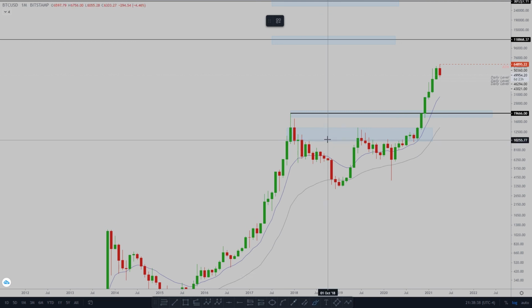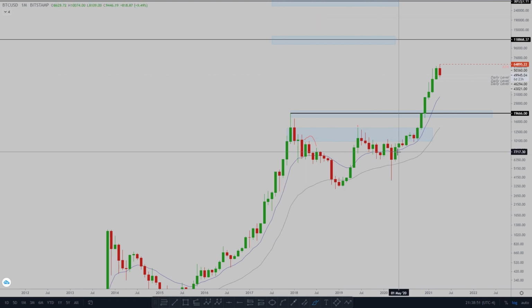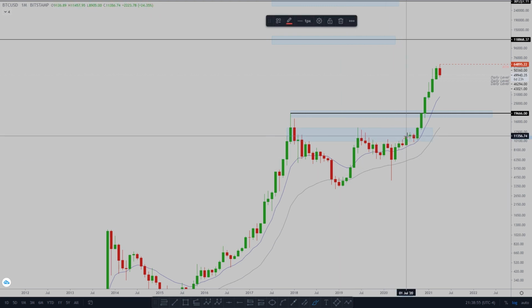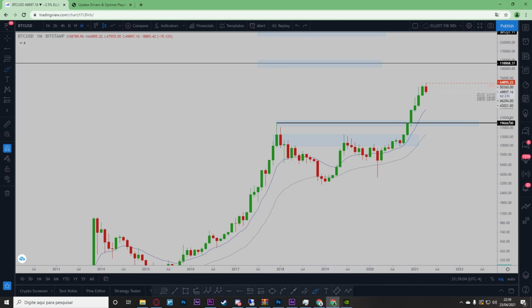Let's just count. 1, 2, 3, 4, 5, 6, 7, 8 resistances before resumption to resume the overall trend, making a higher high closure above this level here. So making a weekly pivot. This was a pretty significant point, which I did warn my followers and members.